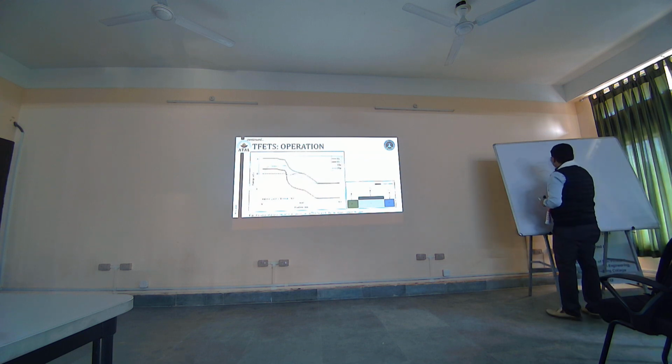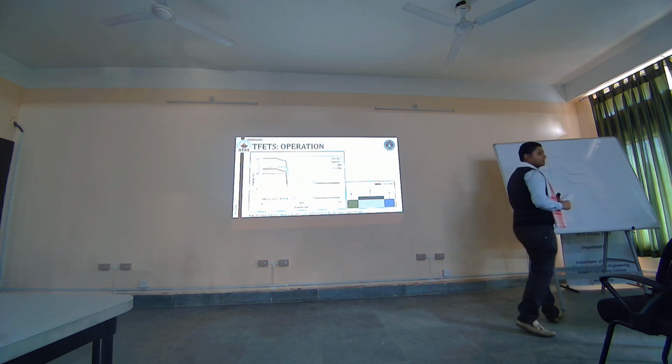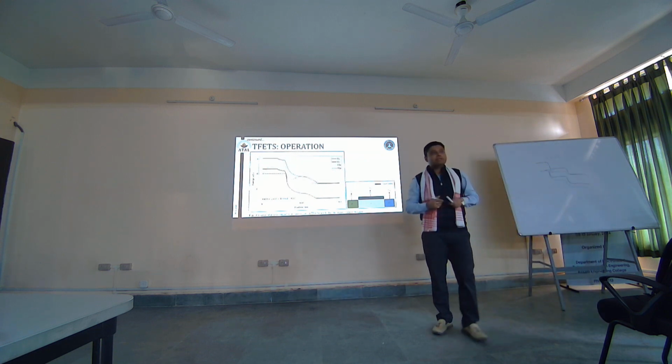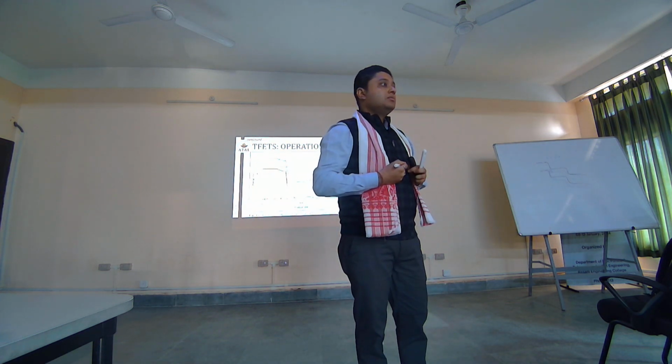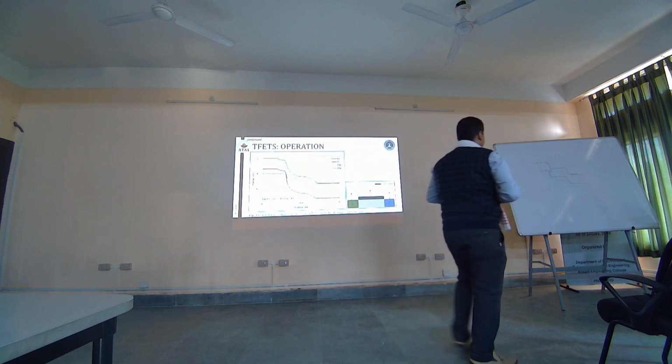If I have applied positive bias here, these bands are going to lower, so I can have this overlap here and I can have conduction. Any disadvantage that we can see here? Any other possibility?